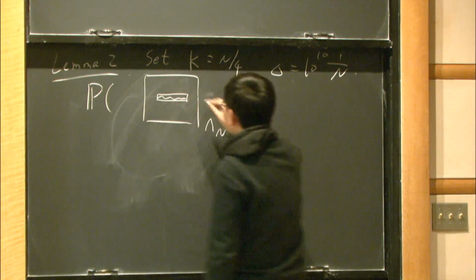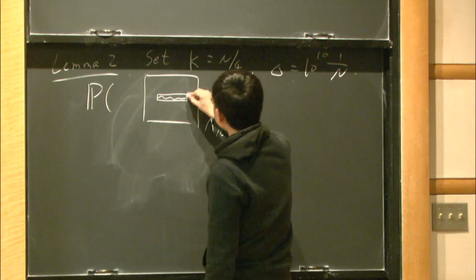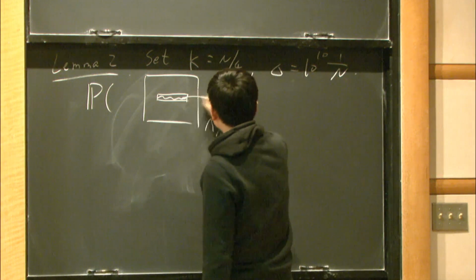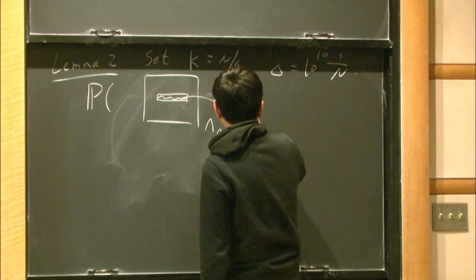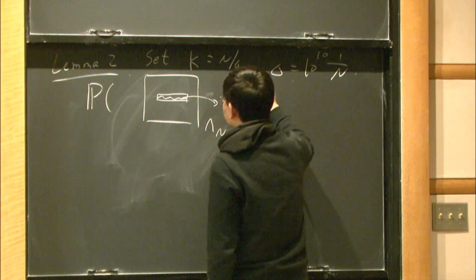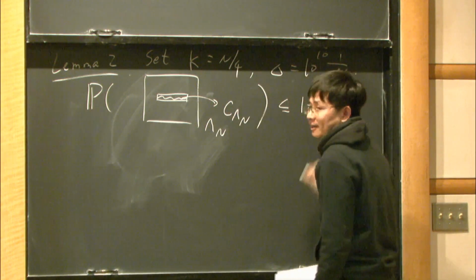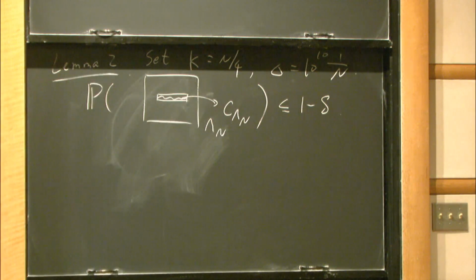The event I'm looking at is percolation: there's a crossing through the tiny rectangle, the crossing being vertices in C. And this probability is bounded away from 1, so it is less than 1 minus delta for some delta that only depends on epsilon.